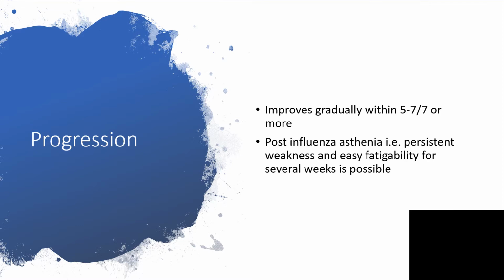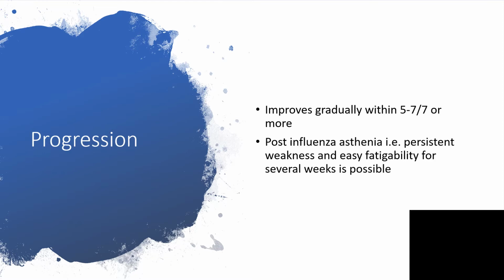The progression is such that the situation will improve gradually within 5 to 7 days, but that's not guaranteed. It could be longer. Post-influenza asthenia, that is persistent weakness and easy fatigability for several weeks, is possible.